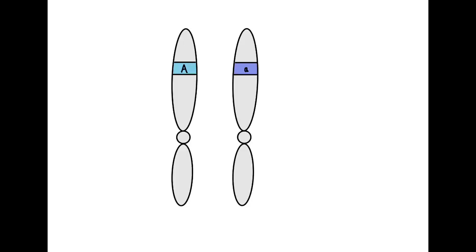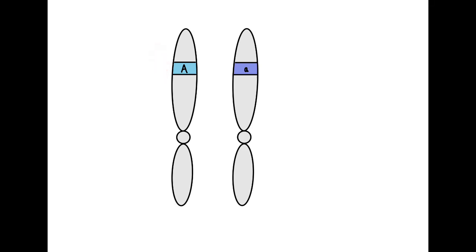More terminology that we have related to chromosomes and chromatids are the idea of alleles and genes. So on a pair of chromatids, or on a chromosome, we would find on each of a homologous pair, we would find an allele for a specific gene. So in this case, we could be talking about any gene.